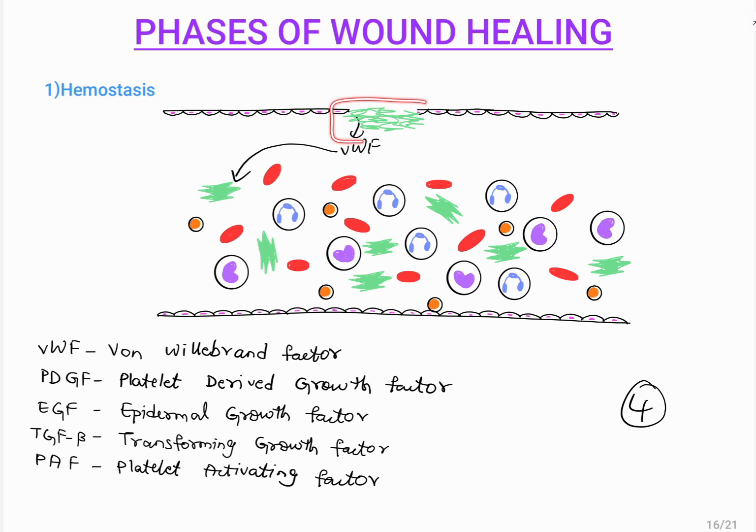This formation of the temporary platelet plug helps to prevent the loss of blood from the site of injury. As time evolves, the aggregation of these platelets releases further platelet derived growth factor, epidermal growth factor, transforming growth factor beta, and platelet activating factors. These factors lead to further aggregation of the platelets. This forms a temporary platelet plug.